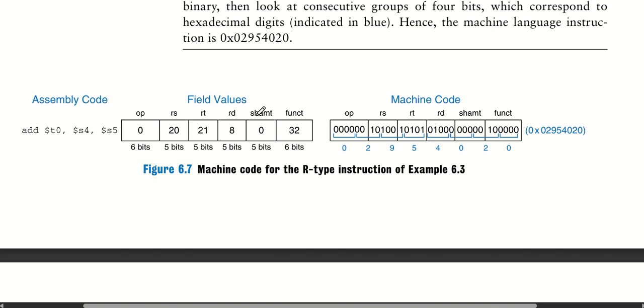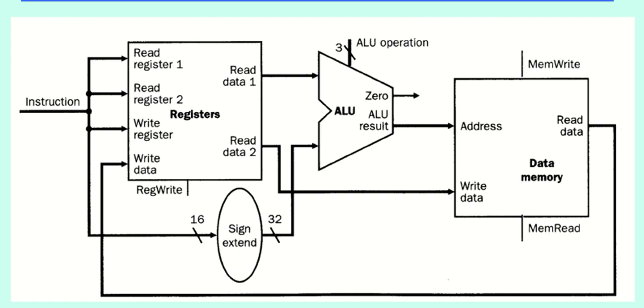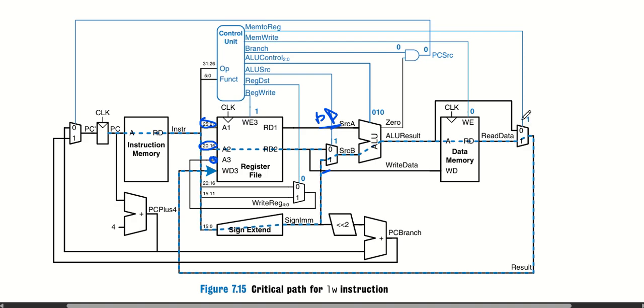So the destination where we want to store is different between I type and R type. That's why we need a multiplexer to select where we want to store, and that's the use of that multiplexer.